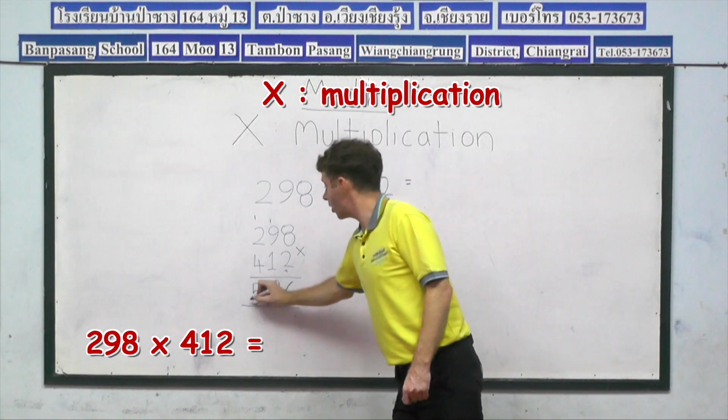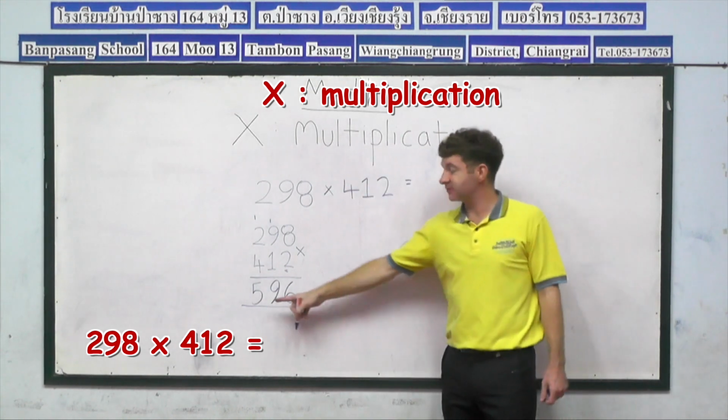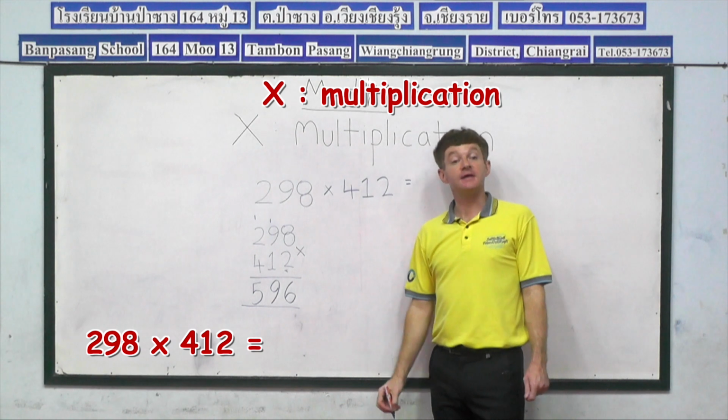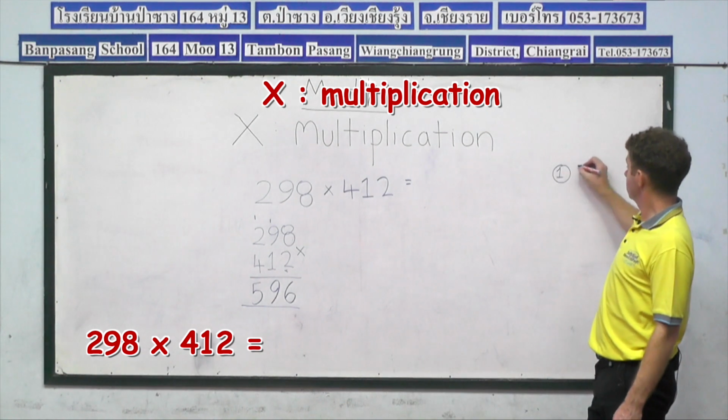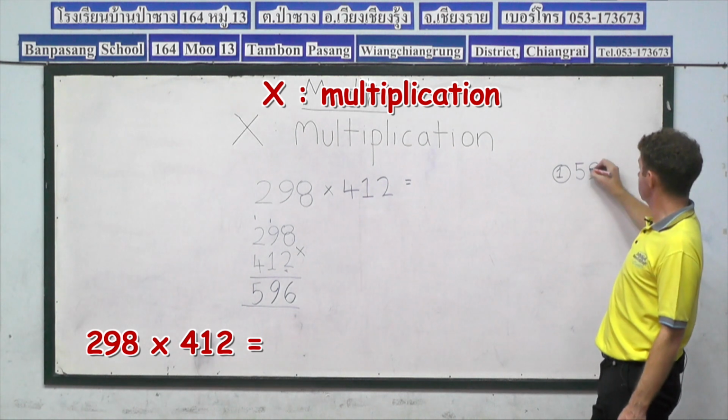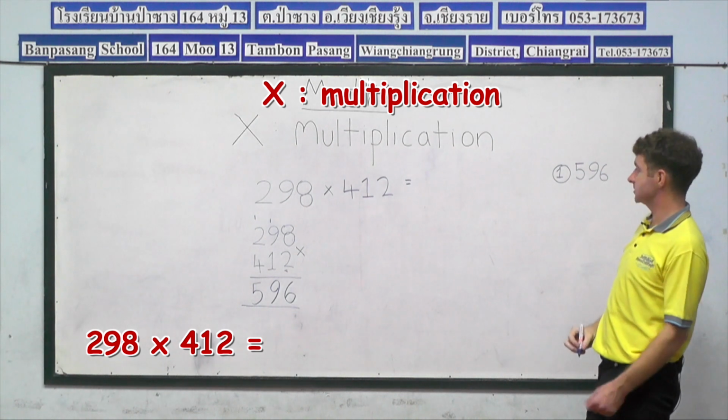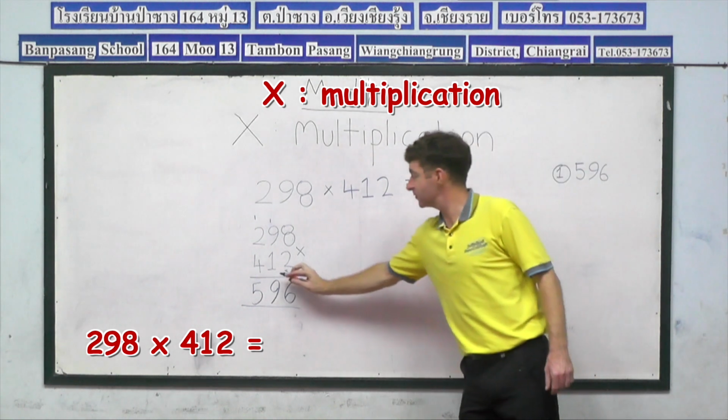Okay, so we've got our answer for the ones column, guys. 596. So answer 1, 596.